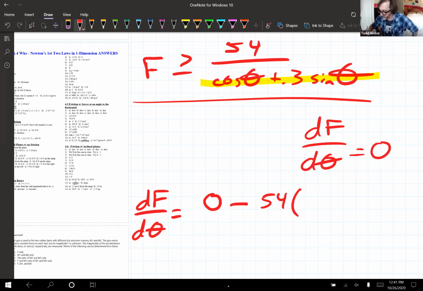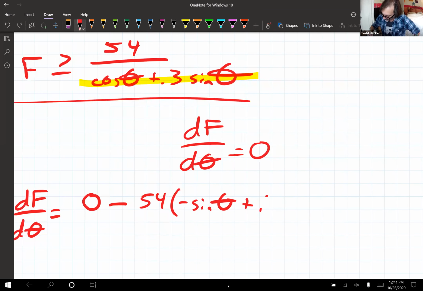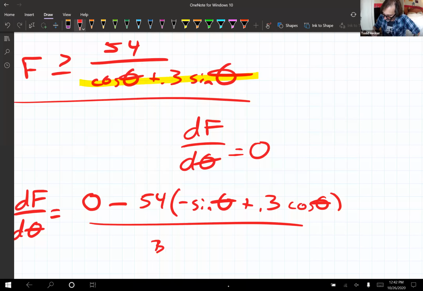Well, the derivative of cosine, is it sine or negative sine? It's a negative sine. So this is negative sine theta plus 0.3 times the derivative of sine, which is just cosine, all over the bottom squared. And then set it equal to 0.